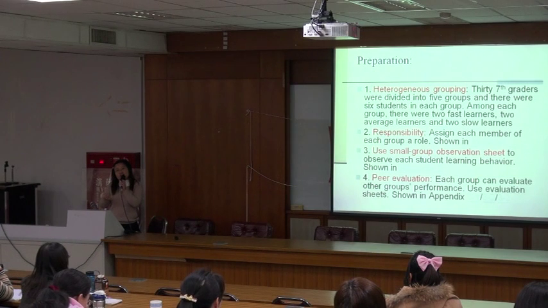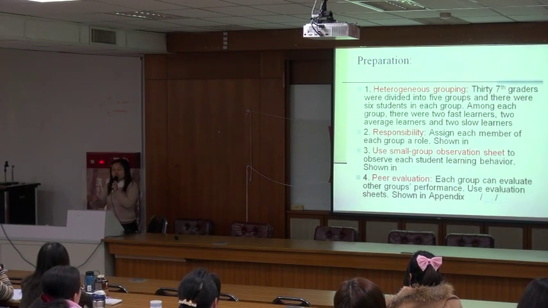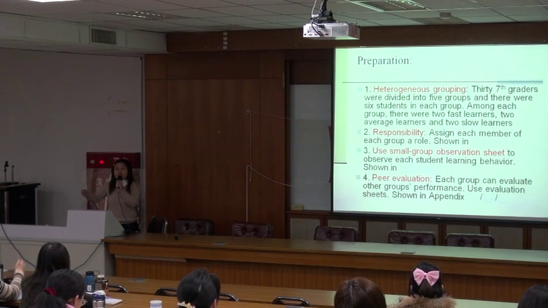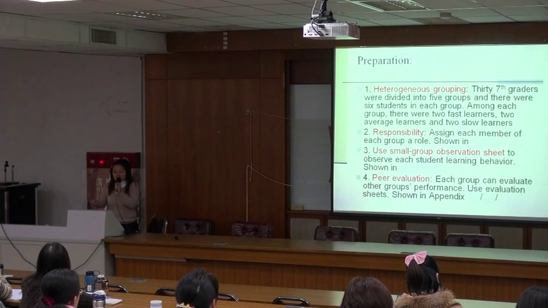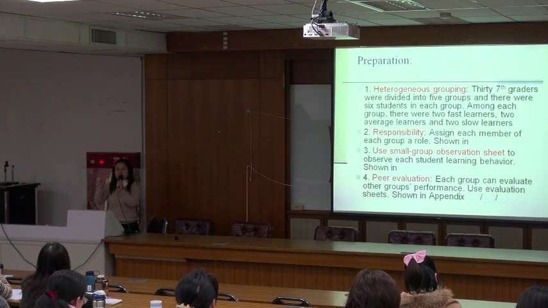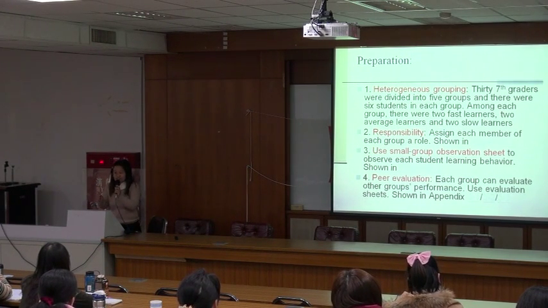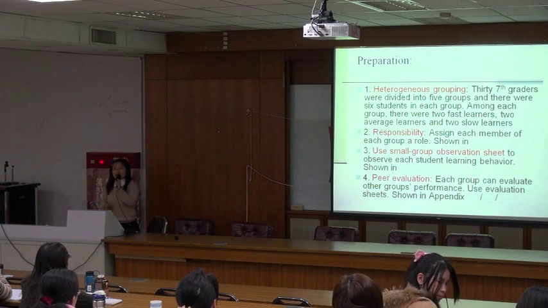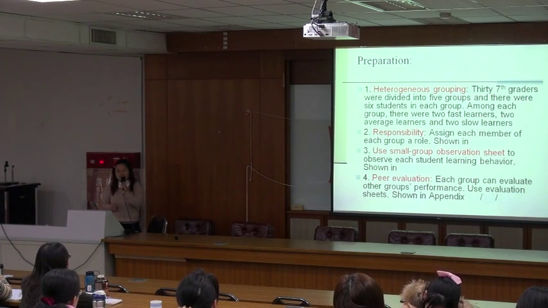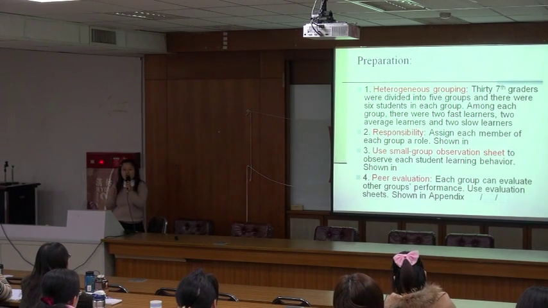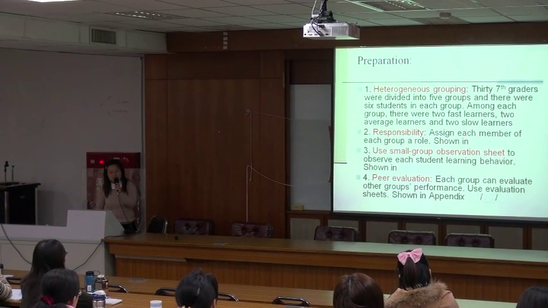Cooperative learning focuses on grouping students and assigning them roles, and wishing students to work together to learn together. So the essence of cooperative learning is cooperation. Before I conduct the study, first I will do the heterogeneous grouping.